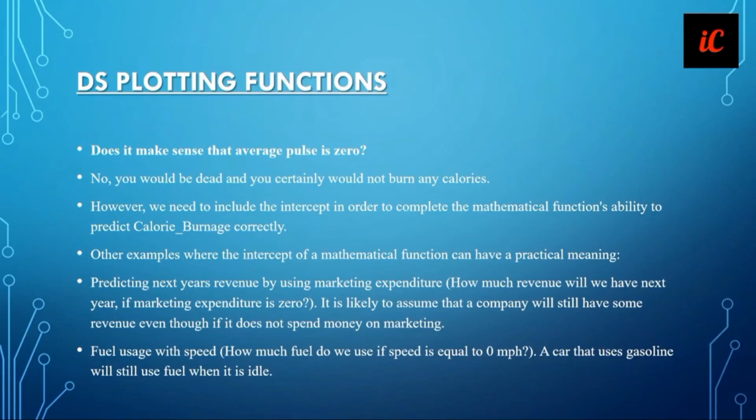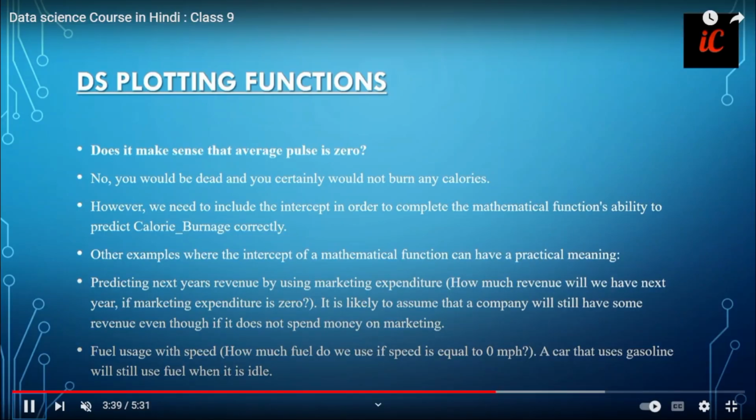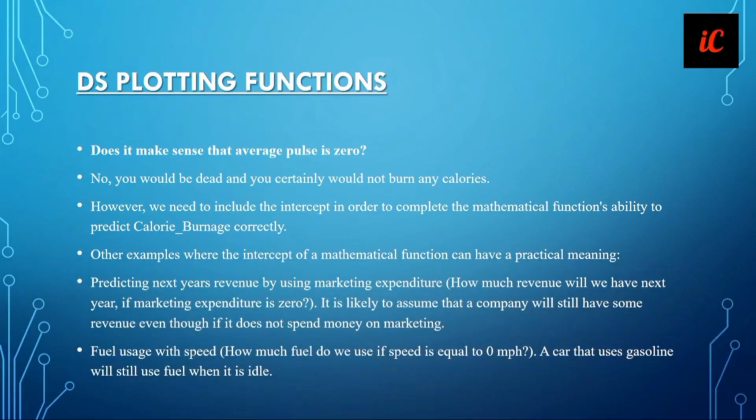Fine. Other examples where the intercept of the mathematical function has a practical meaning: it is reasonable to assume that a company will still have some revenue even if it does not spend any money on marketing. Similarly, we should know that some calories are burning, otherwise it will not give you any result. That would mean the person is not doing anything, like the person is dead.